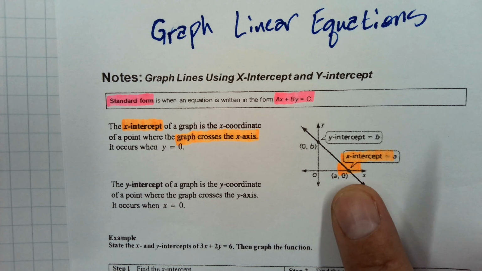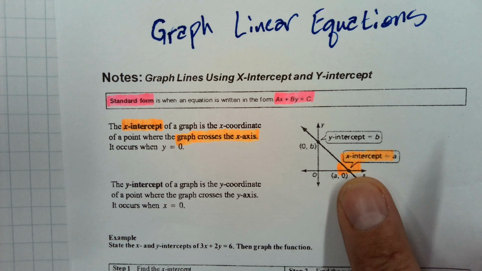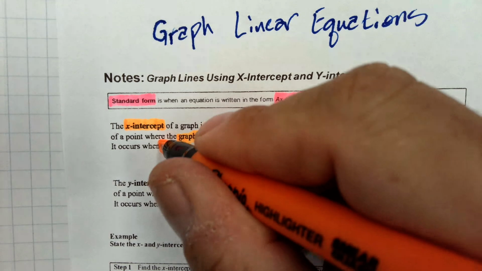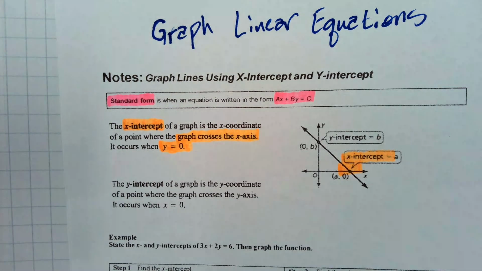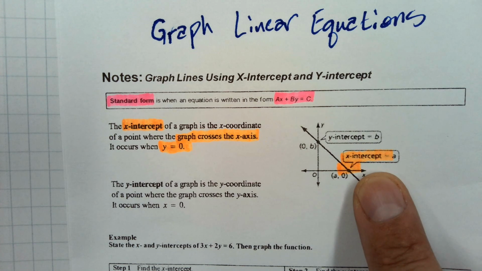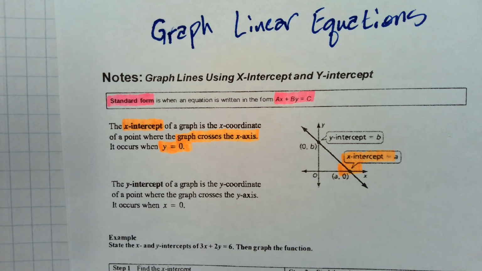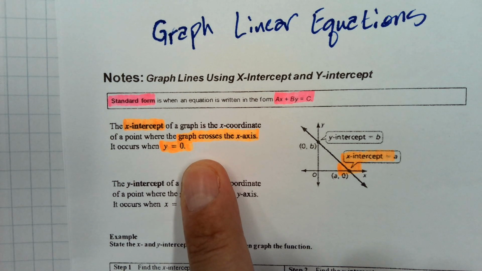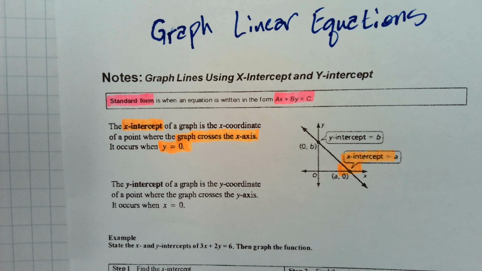And if you notice, if we look at the coordinates, the Y part of the coordinate is 0. That's the part that we're going to take advantage of. Whenever a line crosses the X-axis, the Y part of that ordered pair is 0. And we like zeros in math. You'll see why. Okay? So X-intercept is where a graph crosses the X-axis and the Y part is always 0.